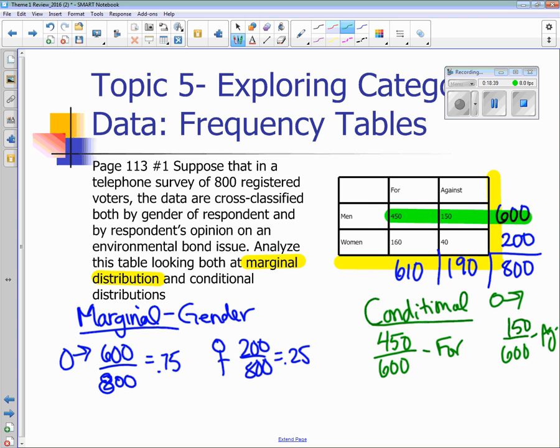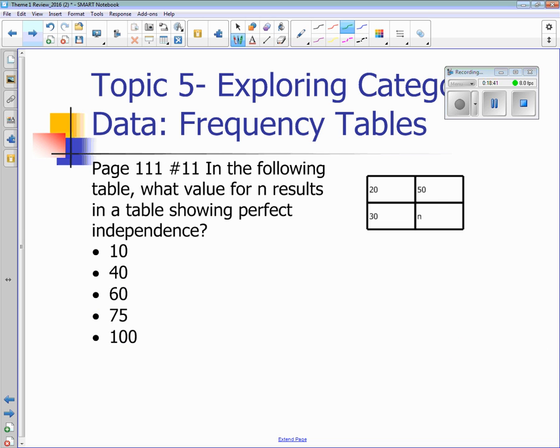This question intrigued me at how many people did it differently. For perfect independence, that simply means the ratios are equivalent. Lots of ratios could be used. This is how I did it, which is silly now when I think about it: I summed everything and said this total is 50, and this is 50 plus n.